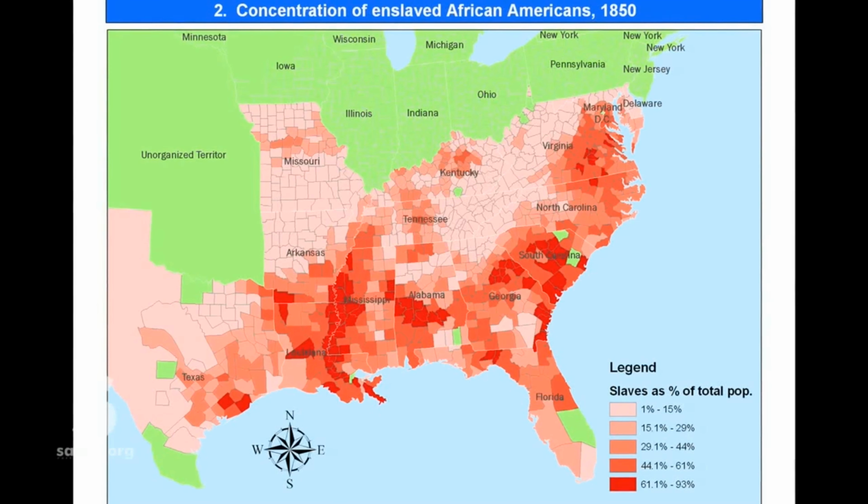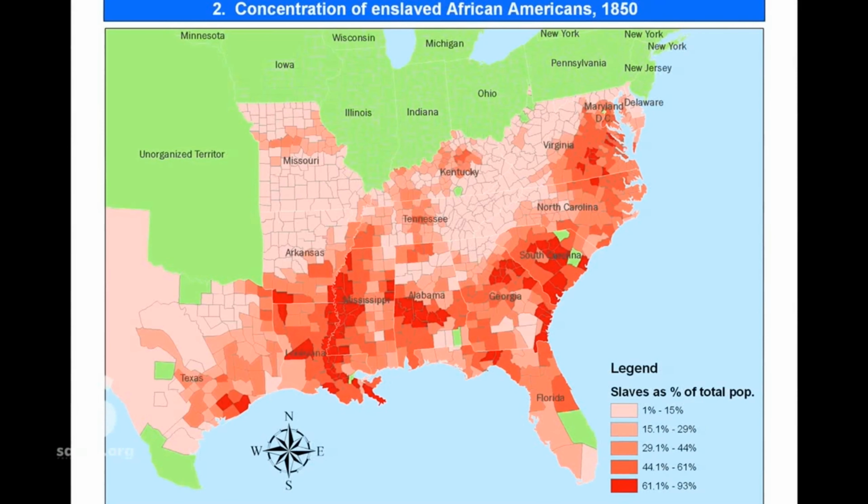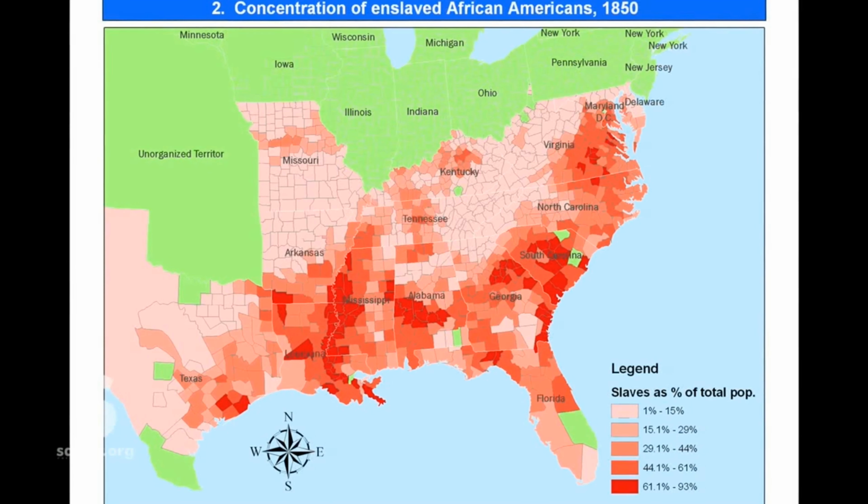But nonetheless, many leaders, even in the South, believed, at least in the late 18th into the early 19th century, that slavery was a necessary evil. They didn't necessarily believe that it was good, but they believed that it was necessary for the economic stability of the South.